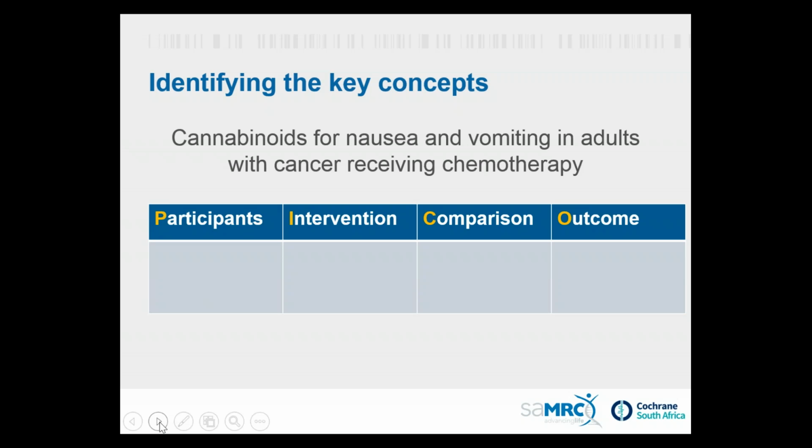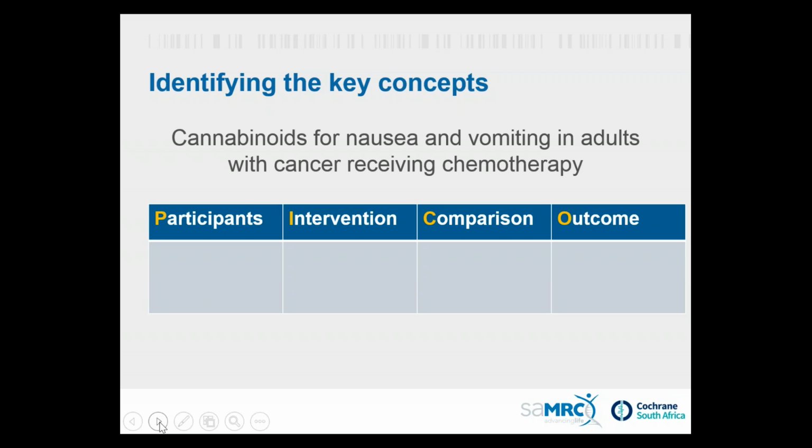Cannabinoids. That's correct. Chemotherapy is not in the intervention because we're looking at what to do about the nausea and vomiting. The nausea and vomiting is actually the result of the chemotherapy.